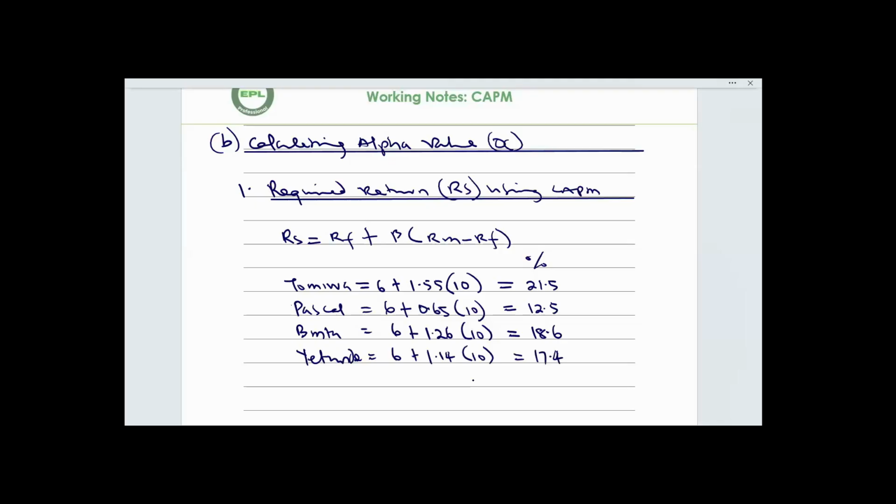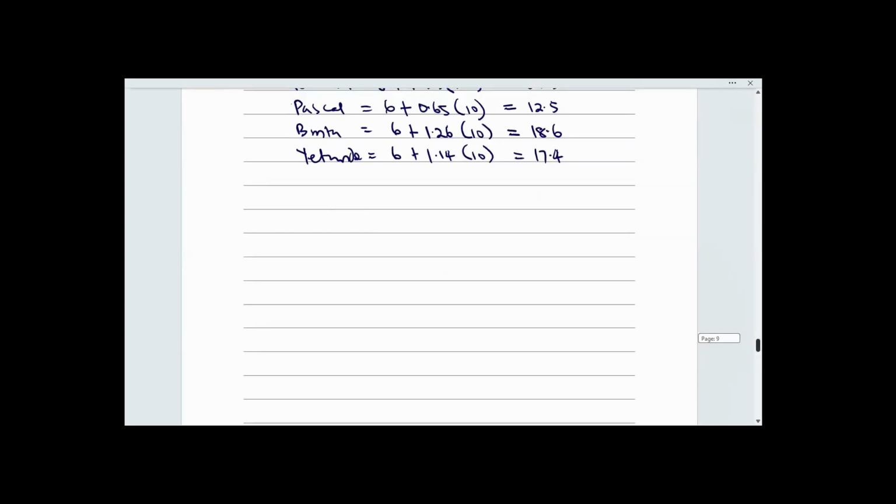17.4%. So now that we have computed the required return, we can then proceed to calculate the alpha value. You know that alpha value equals expected return minus required return.